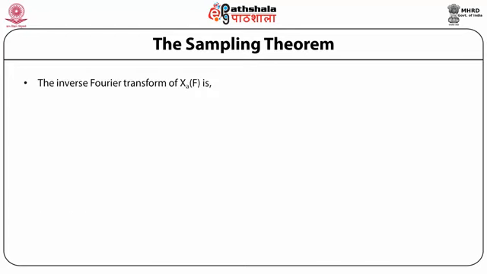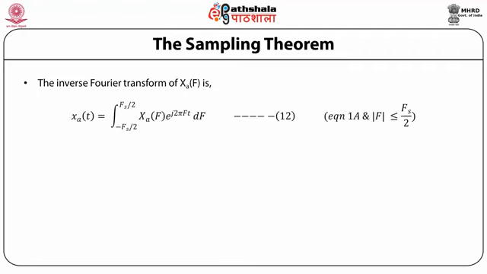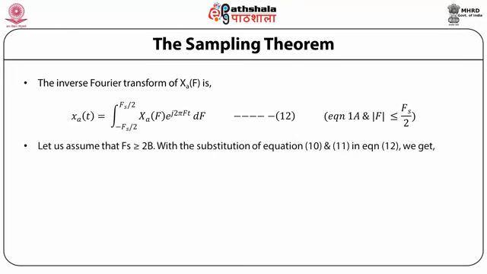So the inverse Fourier transform of Xa(F) is xa(t) equal to the integral from minus fs by 2 to plus fs by 2 of Xa(F) exponential j2 pi Ft dF. Now here modulus of F is less than or equal to fs by 2. So let us assume that fs is greater than or equal to 2B.